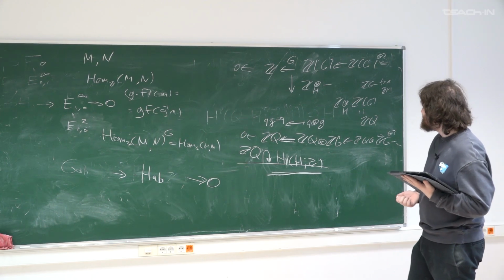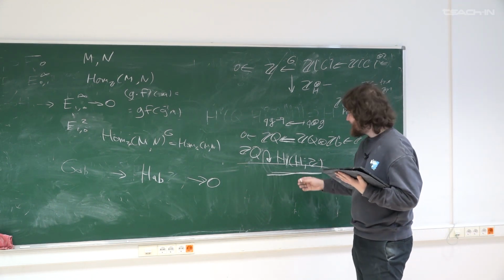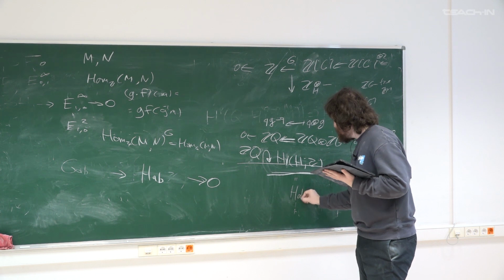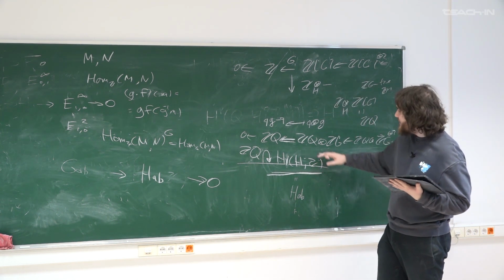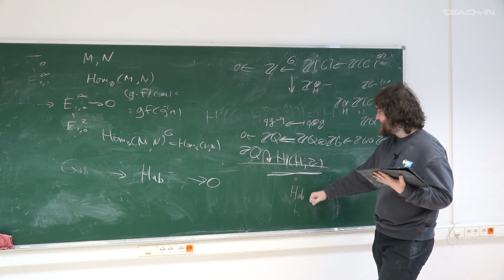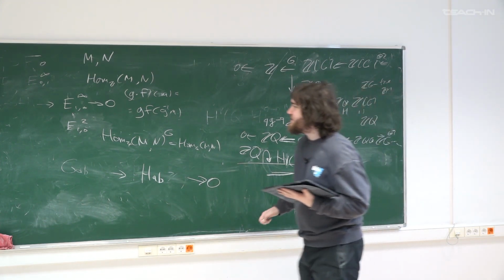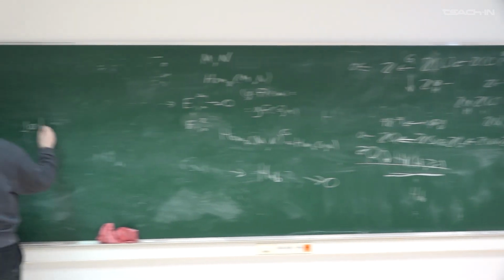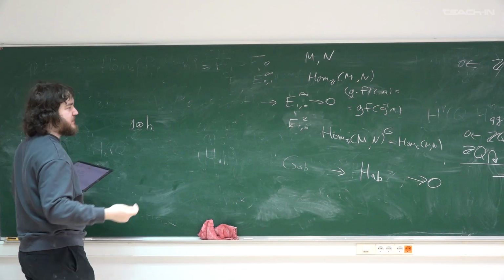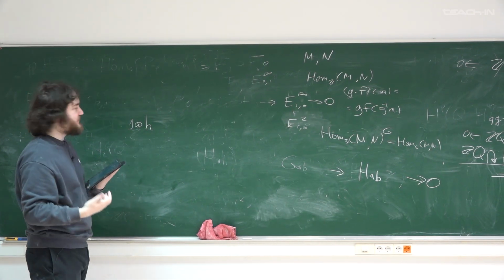In fact, it's abelianization. Any element of this abelianization is represented by some element of H. What element of this chain complex represents the same class of H? In fact, it's just the element 1H, where 1 is the coset of unit. It's the coset of H itself.